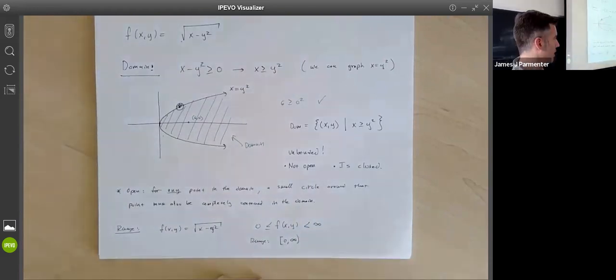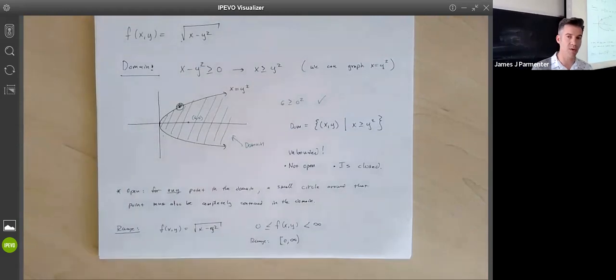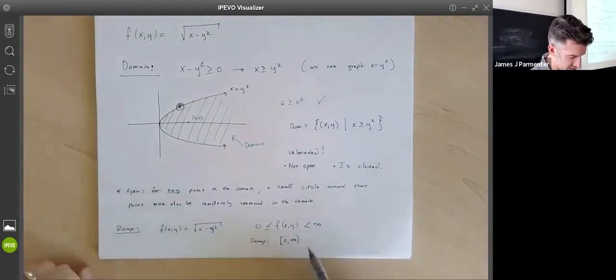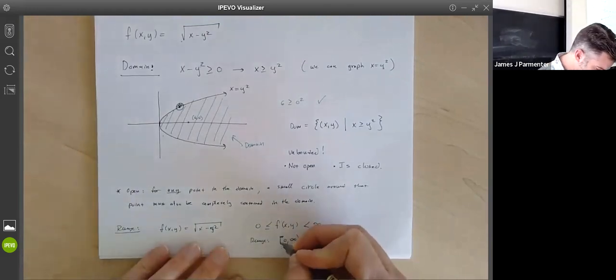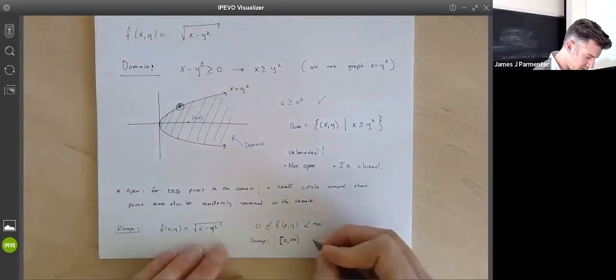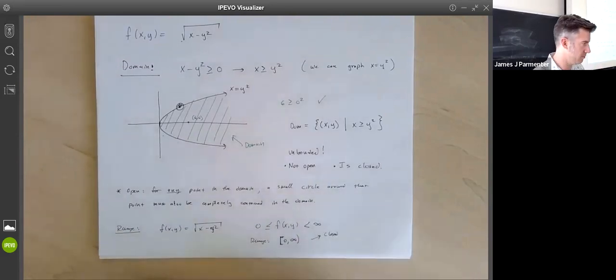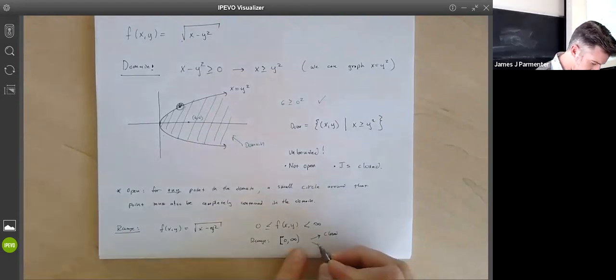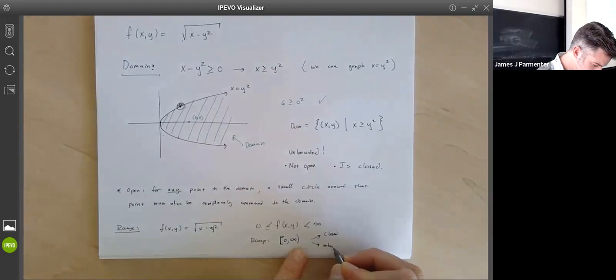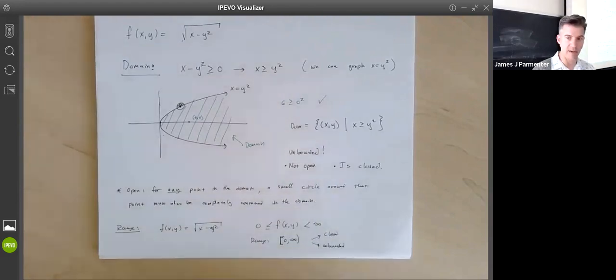My range is also unbounded, and also closed and not open. It's easier to justify here: this is closed because we include all the boundary points. There's only one, it's 0, and we included it. And it's definitely unbounded, because the function values can get as large as you want.